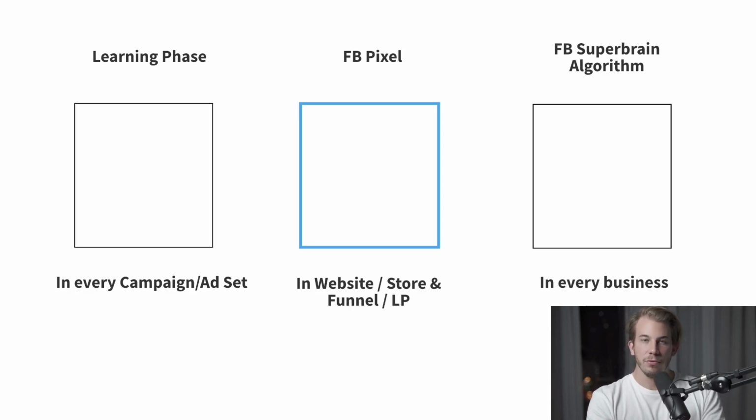And if you run a conversion campaign, this conversion event is precisely used for the optimization of your impression delivery. So if you use purchase and 10 people purchase in that campaign, the learning phase has a much closer look at these 10 people who've triggered your conversion event that was used for your algorithm optimization.